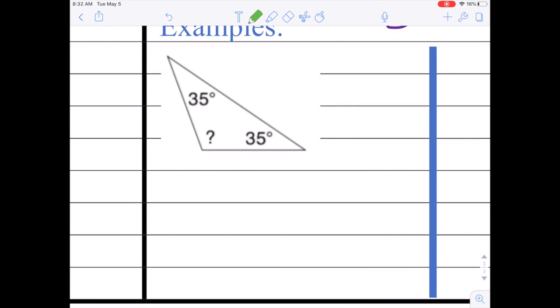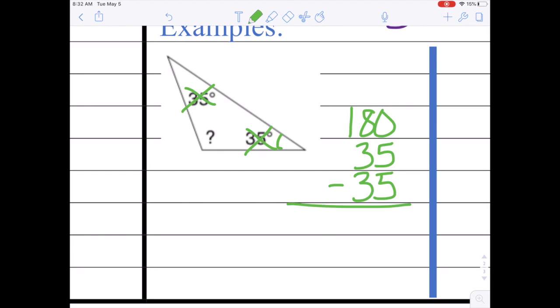For this first example, again, we're going to start with 180, and then we're going to subtract the angles we know. We know this angle is 35. We know this angle is 35. So we're going to subtract them both. In my calculator, I'm going to say 180 minus 35 minus 35.